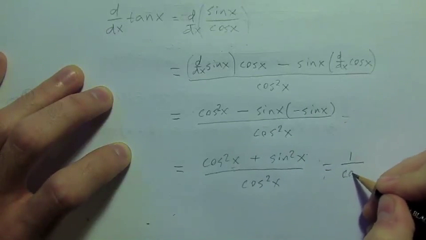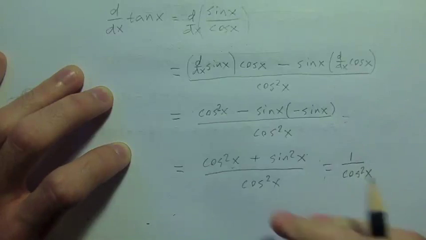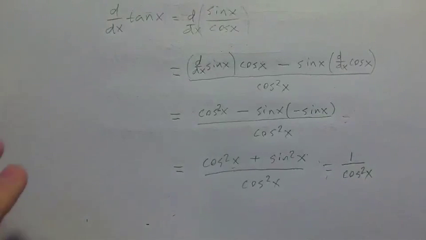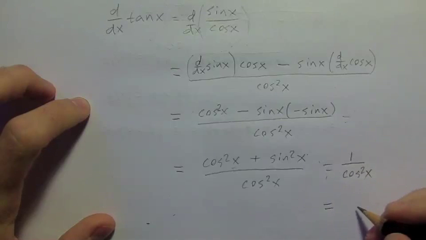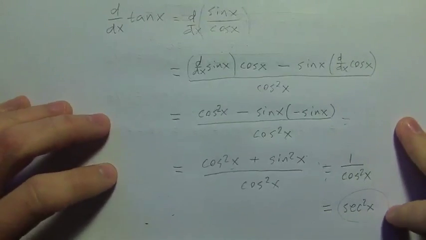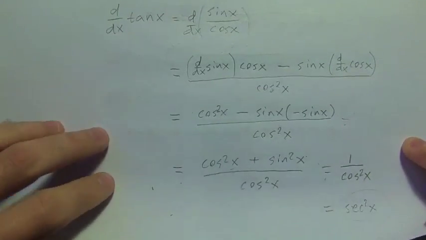So this is 1 over cosine squared x. And that could be our rule for the derivative of tangent, but instead what we're going to say is that, well, 1 over cosine is actually secant. Right, so this ends up being secant squared x. Right, so that's the derivative of tangent.